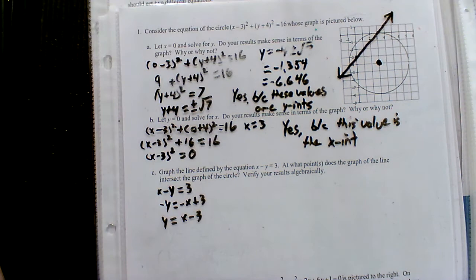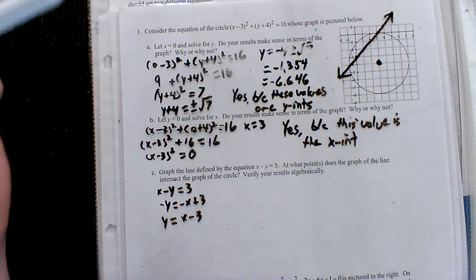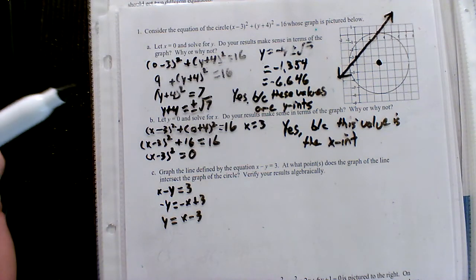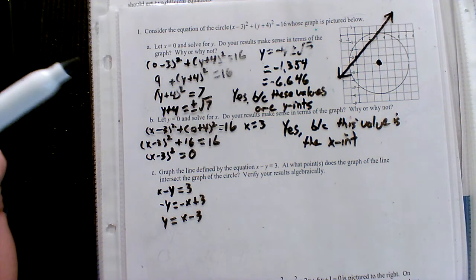So if we look up here, what are the coordinates of the intersection points? Where does the line intersect the circle?